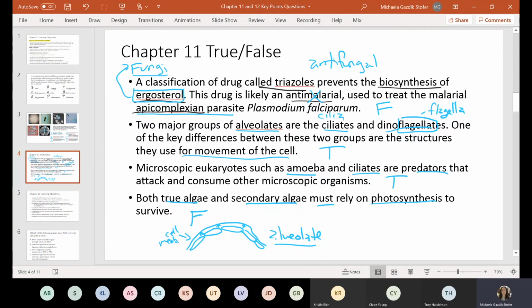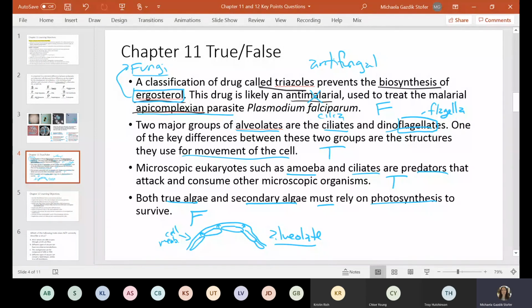And so they also have the ability to pull in other cells as a predator, break them down and consume them for food, kind of similar to when you eat food, you're breaking it down and getting energy out of it. So your secondary algae can do photosynthesis, but they can also get their energy from food they consume. So they have a lot more diversity and they don't have to rely on sunlight or photosynthesis to survive. So good, that one is false.